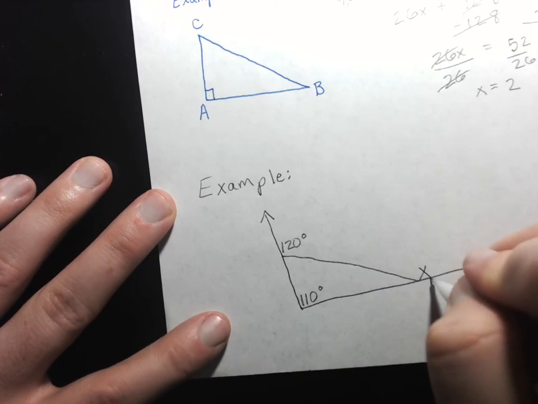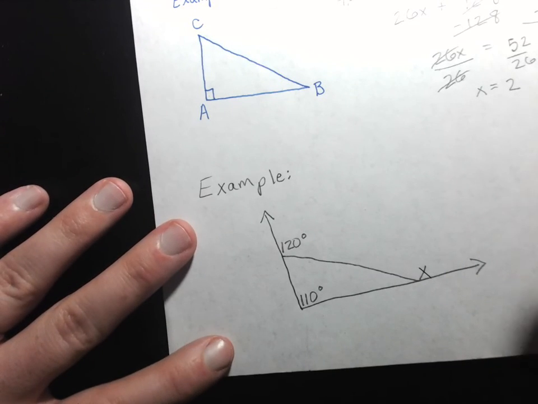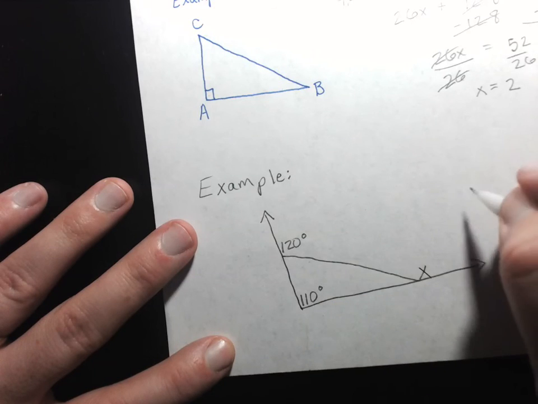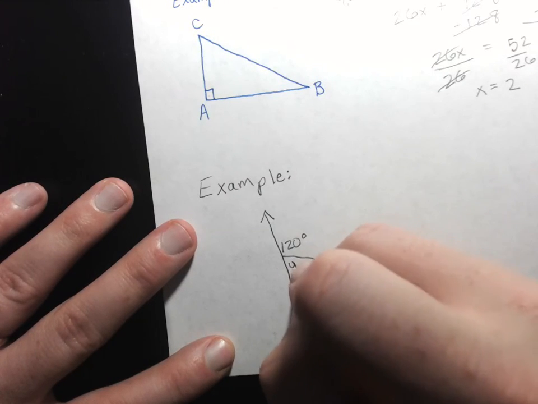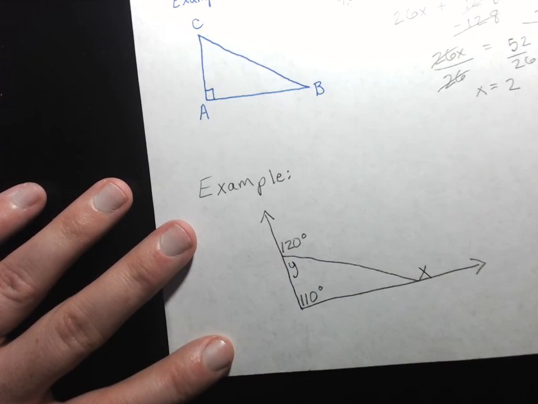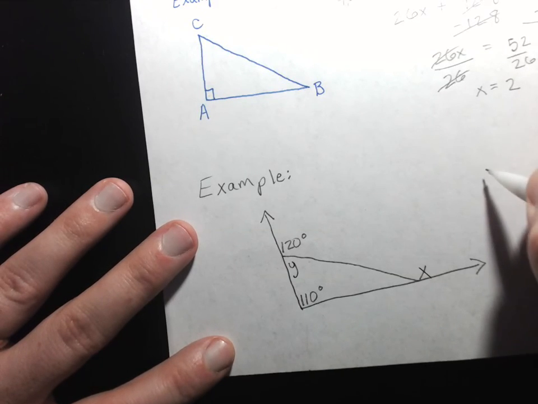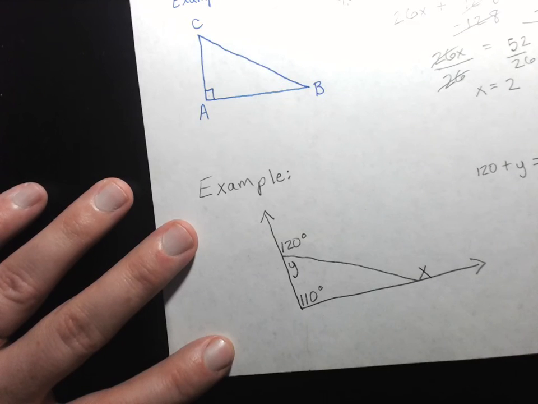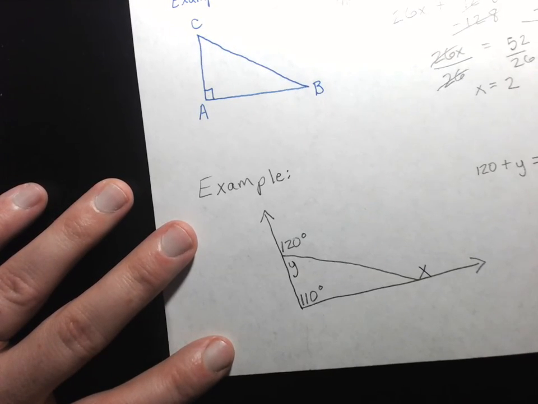And let's find this angle over here. So first things first, this is a straight line. So I'm going to say y, just for the sake of picking a variable. 120 plus y would give me, anybody know? 180, because it's a straight line.